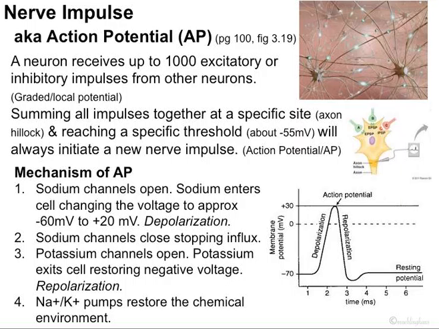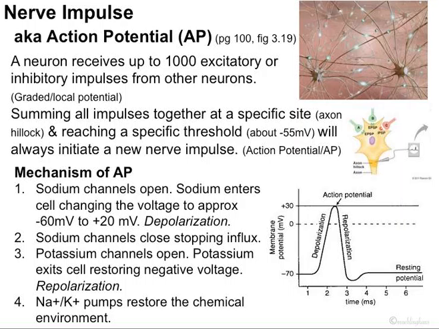All these local shouts, the excitatory and inhibitory impulses, come together there and sum up what's happening. If there is enough of a change in the voltage at that level, a threshold is reached, and the neuron will fire, and a nerve impulse is created that moves down the axon.